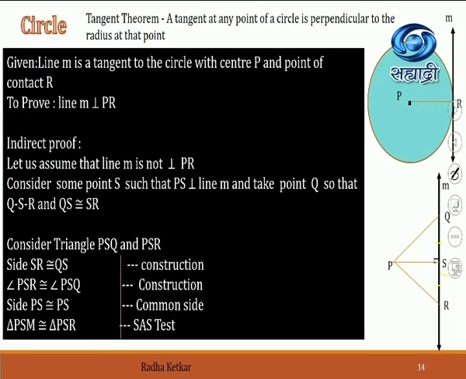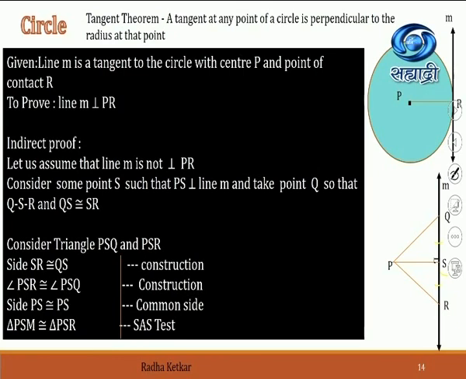Now consider the two triangles which are formed here. One is triangle PSQ and the other is triangle PSR. Check the sides. SR and QS are congruent because we have constructed them in such a manner. Then angle PSR and angle PSQ are 90 degrees according to our construction.